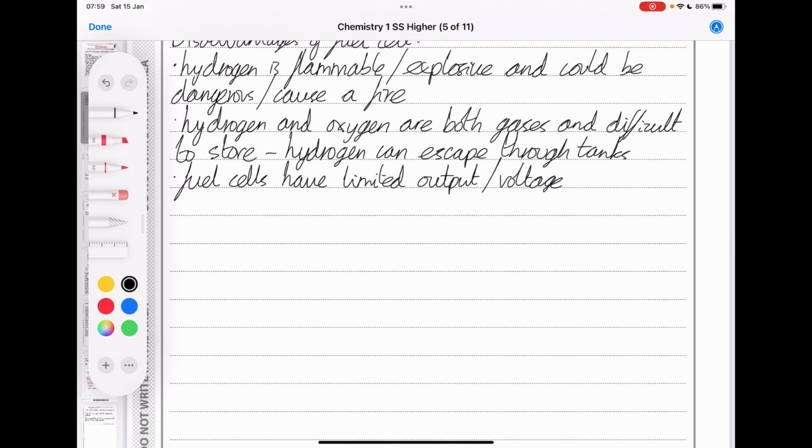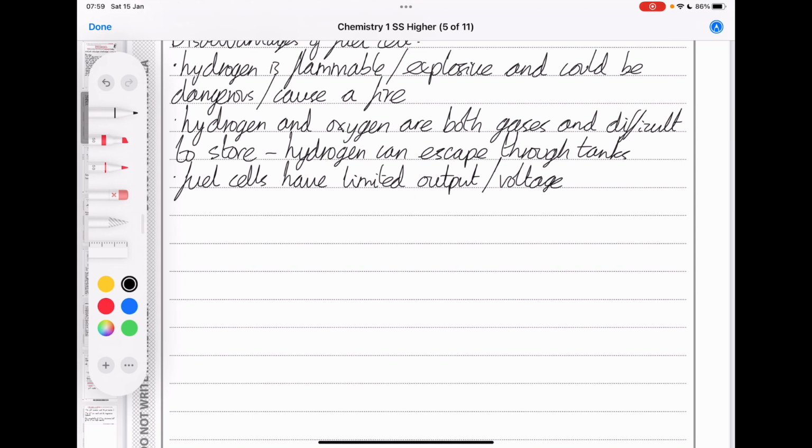If you've got a certain size fuel cell, you've only ever got a certain size voltage available. If you are using lots of chemical cells or batteries, you can simply plug more batteries into a circuit to increase the voltage. A fuel cell, what you've got is what you've got, and that's it.